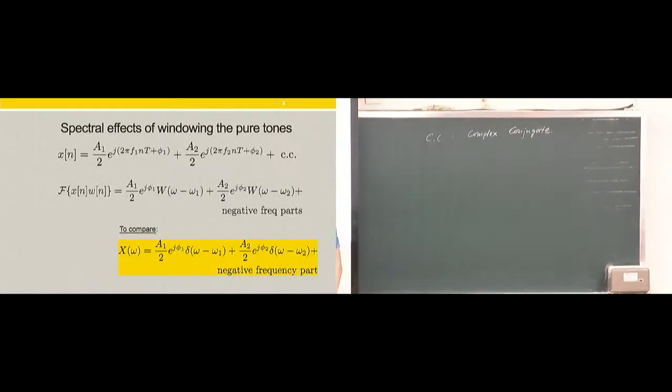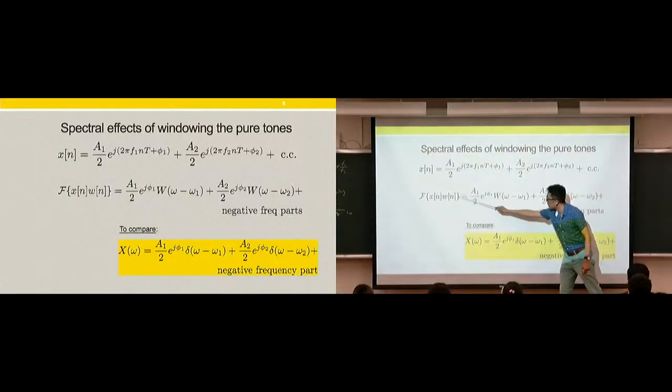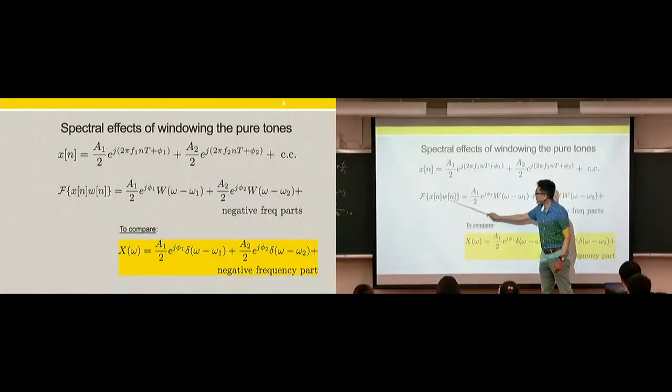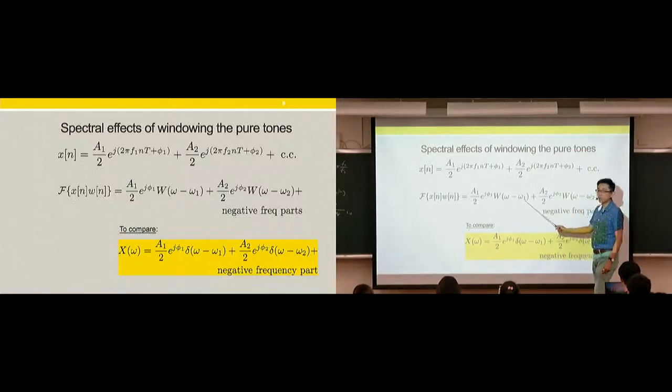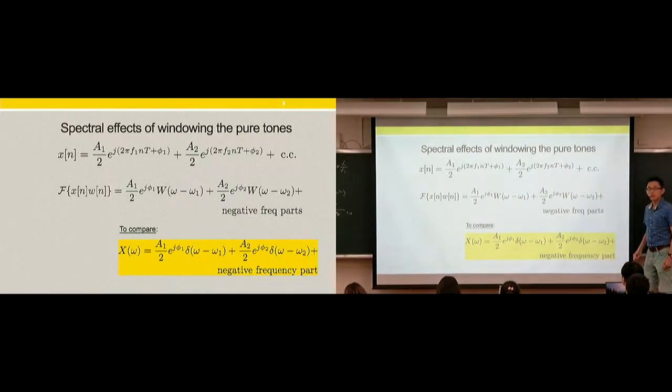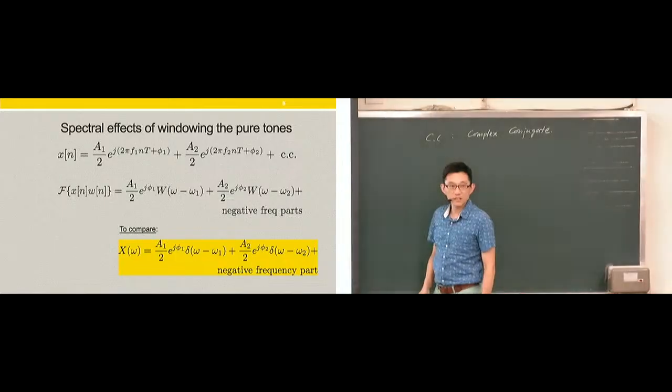This is the shift theorem. When we multiply x with w, then take the Fourier transform, we are modulating the spectrum of w to that frequency with the adjustment for the magnitude and phase. Is this clear? Does it make sense?